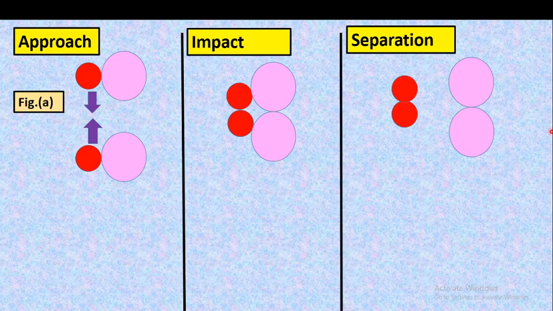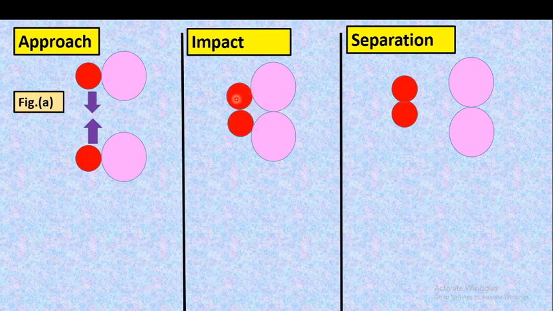This figure 1a shows that the two molecules are properly oriented, that is, this one HI molecule and the other HI molecule are properly oriented. This one is approaching this HI molecule and that one is approaching the other. The collision between these two HI molecules results in the combination of the two HI molecules and separation of the iodine, meaning breaking of this HI bond and this HI bond.